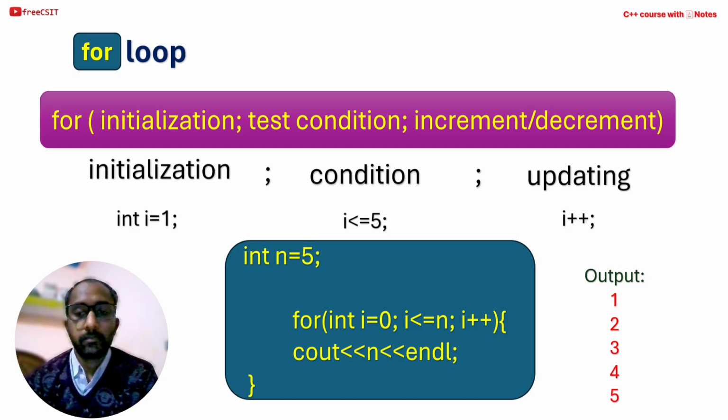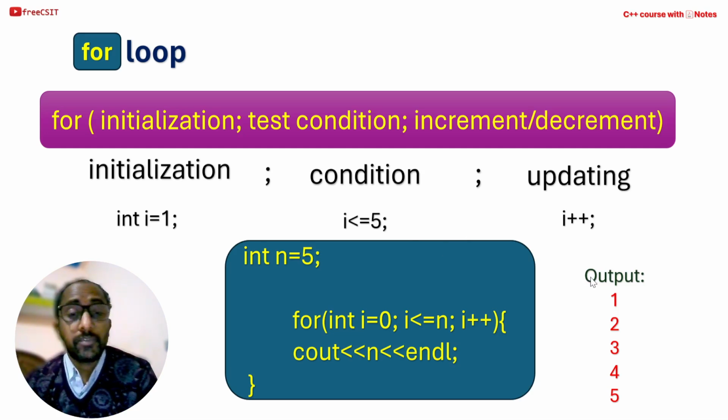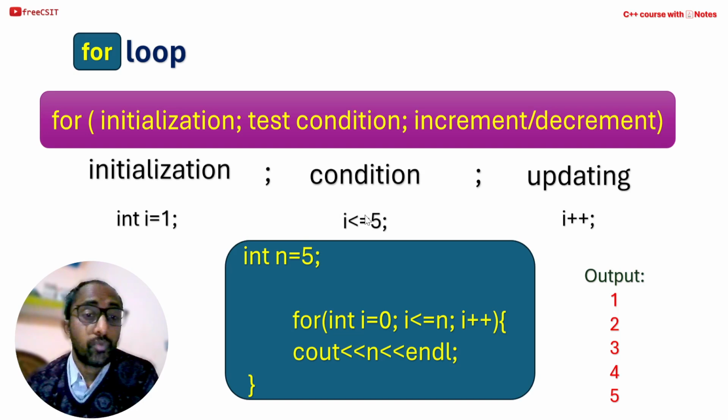For loop means loops. First of all, loops allow us to execute a block of code multiple times. First of all, I will explain some short definitions and why we use a loop, and I have already discussed it.